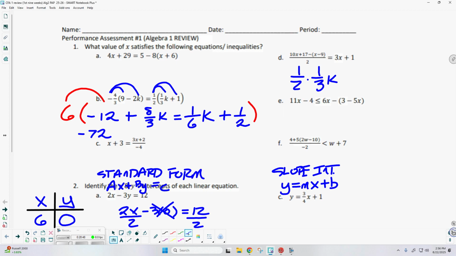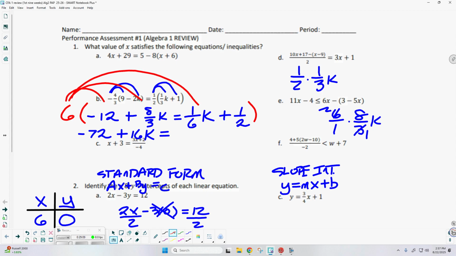Okay. Now, I got to multiply 6 times an 8/3 k. Do it just like we did before. So 1, 2, how many k's do I have? 16k. Equals. Okay. Now I want to go ahead and multiply.